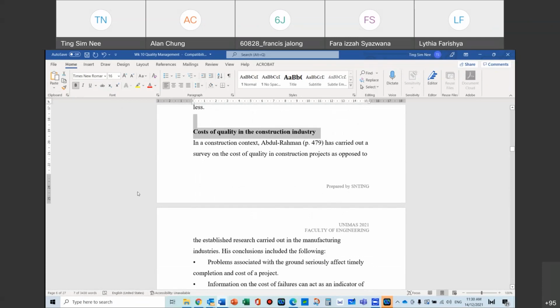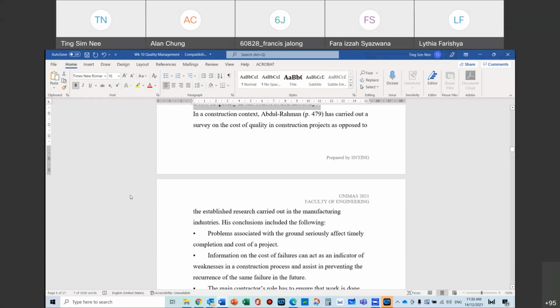Or, for example, the beam is too thin, the slab is too thin, the cover is too thin, then you have cracks on the wall, cracks on the beam, cracks on the column. So it's going to make things very undesirable. You're not meeting the requirement. There may be reworking, meaning you need to cut it off. There may be honeycomb that you cannot use. It's going to reduce the strength of the whole structure, for example. Then you may need to do concrete strengthening, and that is extra money. So quality is very highly associated with money.